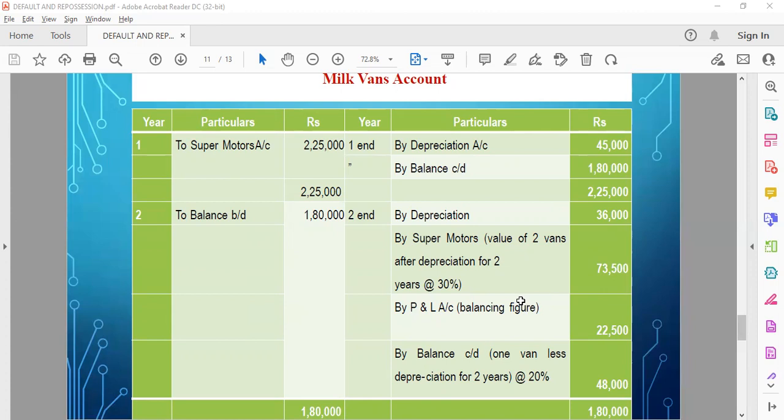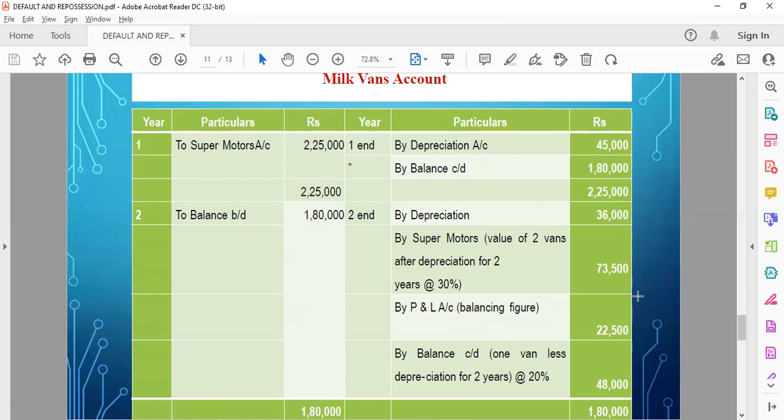Already we have made one single payment, that is the down payment, 45,000 we paid. 2,25,000 minus 45,000, you will get 1,80,000.